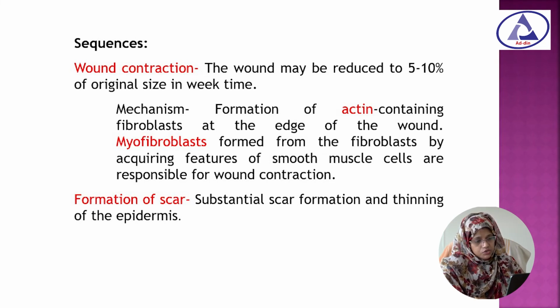The wound may be reduced to 5 to 10% of the original size in a week's time. The mechanism is the formation of actin-containing fibroblasts at the edge of the wound, and the myofibroblasts, which are formed from fibroblasts by acquiring features of smooth muscle cells, are responsible for the wound contraction. And at last there is scar formation and thinning of the epidermis.